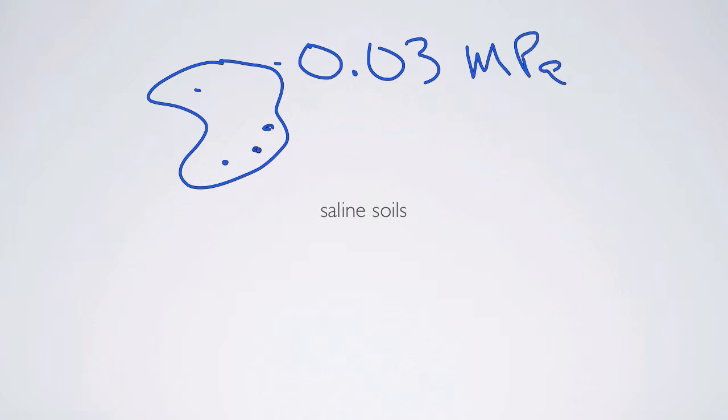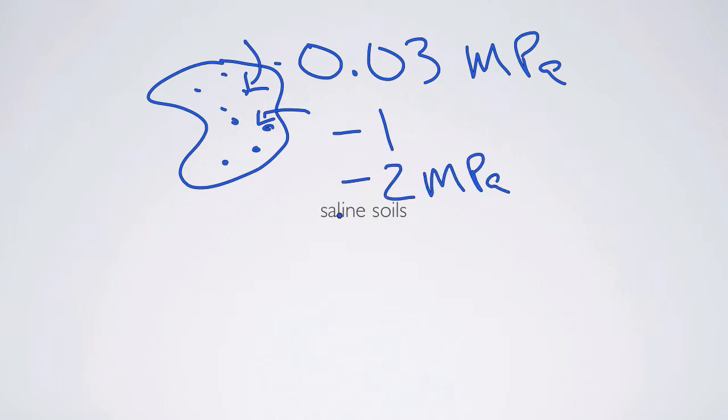And then the more solutes it has in it, the lower and lower the water potential is, because with a high solute concentration, you can think of it as those solutes are starting to pull hard on the water. And so saline soils that have a lot of salts in it, that water is going to have a relatively low water potential. And it could be -1, it could be -2 megapascals, for example.